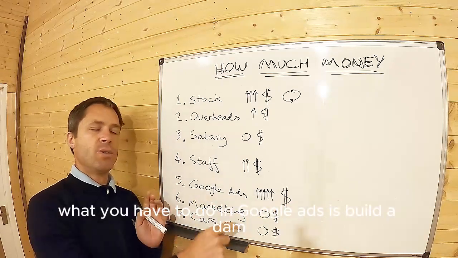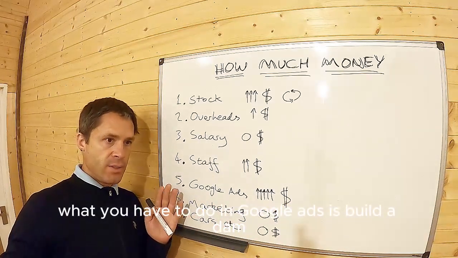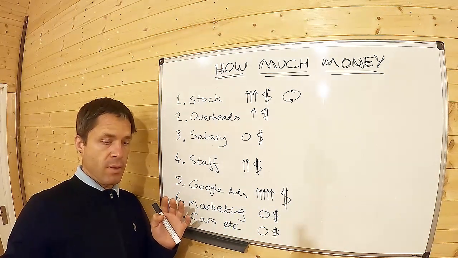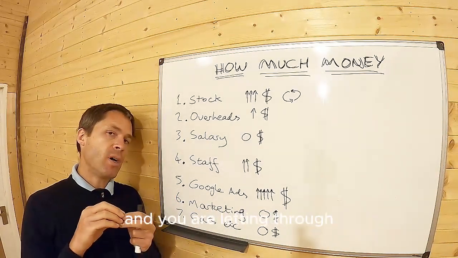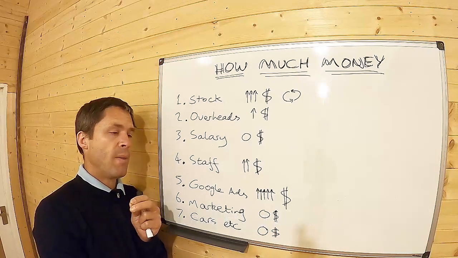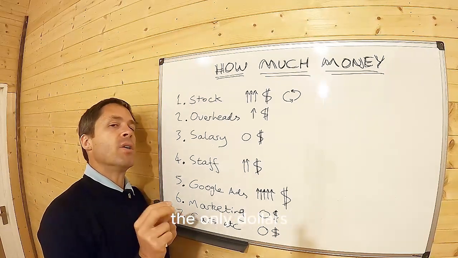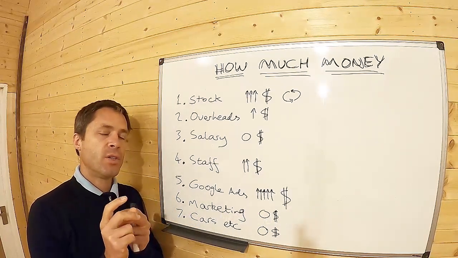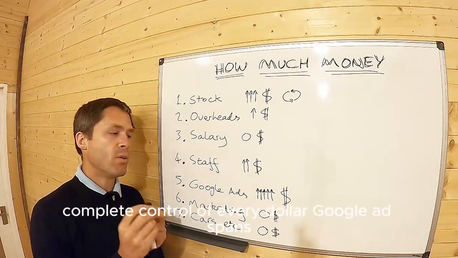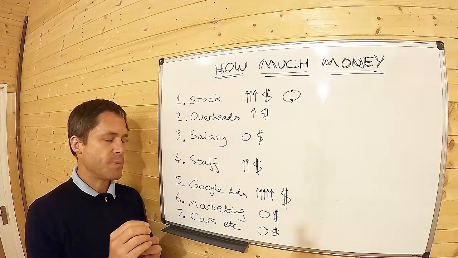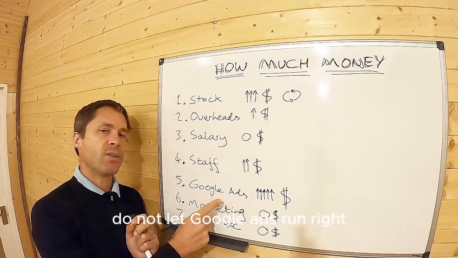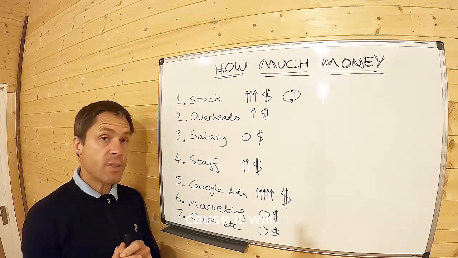What you have to do in Google ads is build a dam. You're building a dam across the Amazon River, and you are letting through the only dollars you choose. You need to be in complete control of every dollar Google Ads spends. Every single dollar. Do not let Google Ads run riot with your money, because it will.